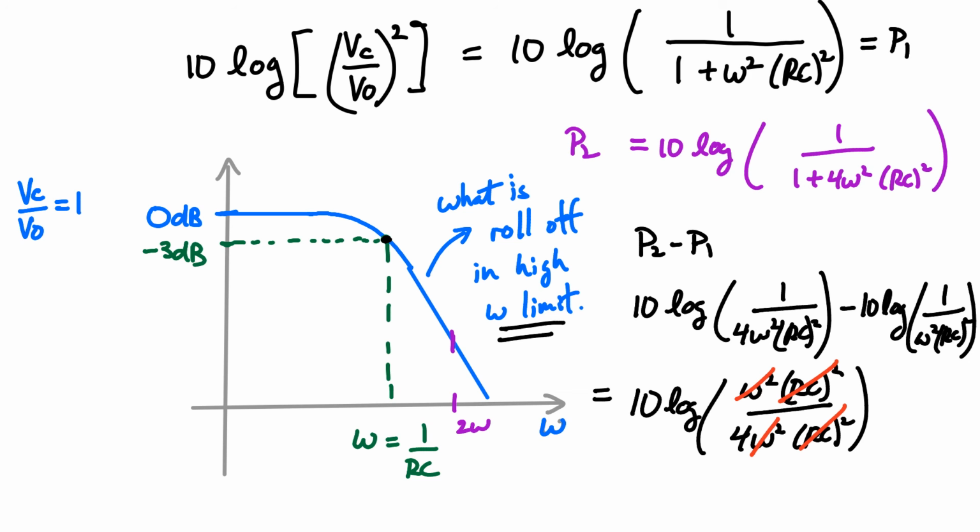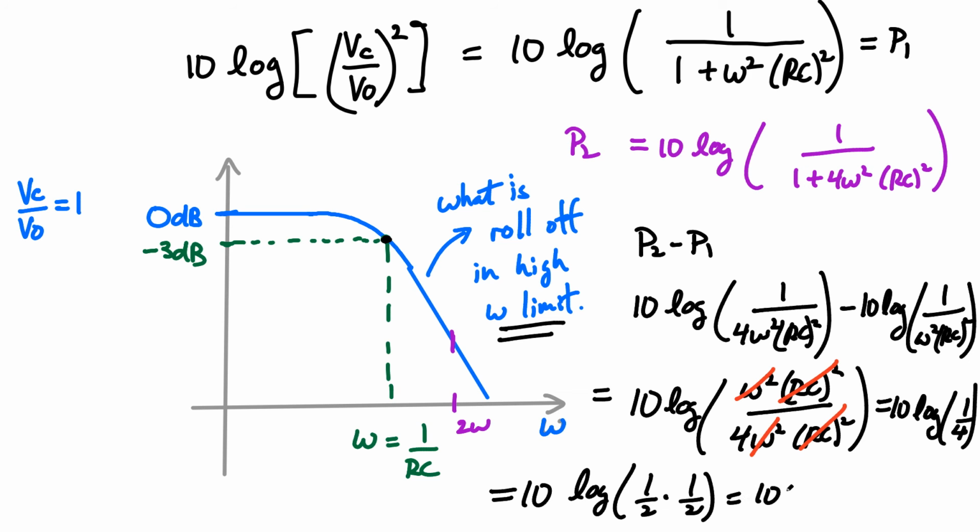All of this to say that we have 10 log of 1/4. Log of 1/4 I don't know, but I do know log of a half. So this will be 10 log of 1/2 multiplied by 1/2, which is 10 log of 1/2 plus log of 1/2, using some of the properties of logarithms.